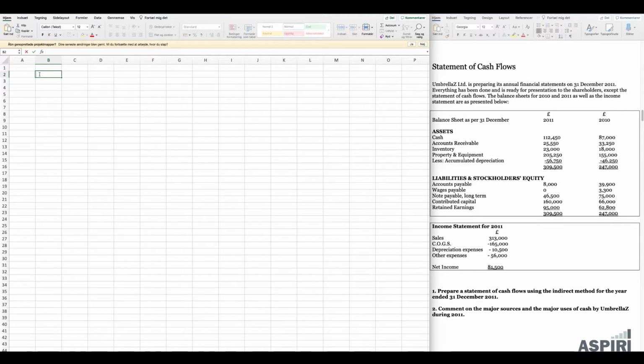What you'll see when we get further into the exercise and set up a statement of cash flows is that we're basing it on an opening or beginning balance, which in this case would be for 2010, and a closing balance, which would be for 2011. The reason that the ending balance of 2010 is the beginning balance of 2011 is, of course, that the end date of 2010 is the same as the first day of 2011.